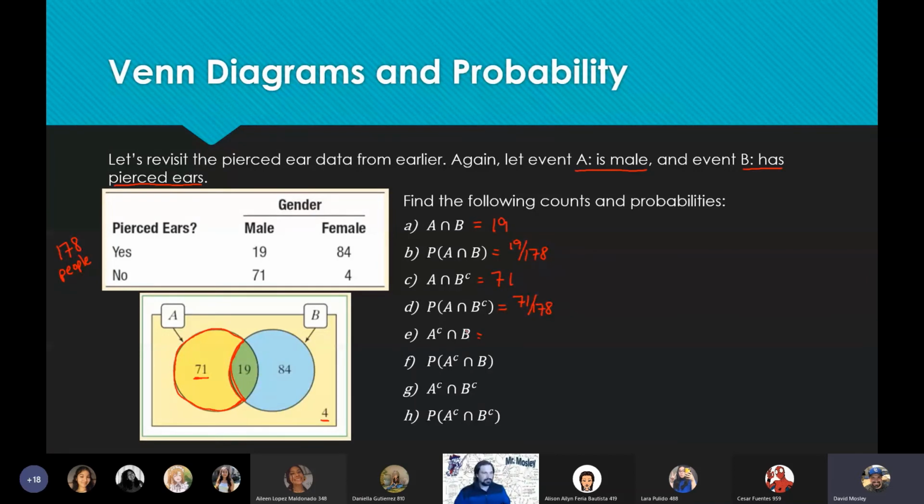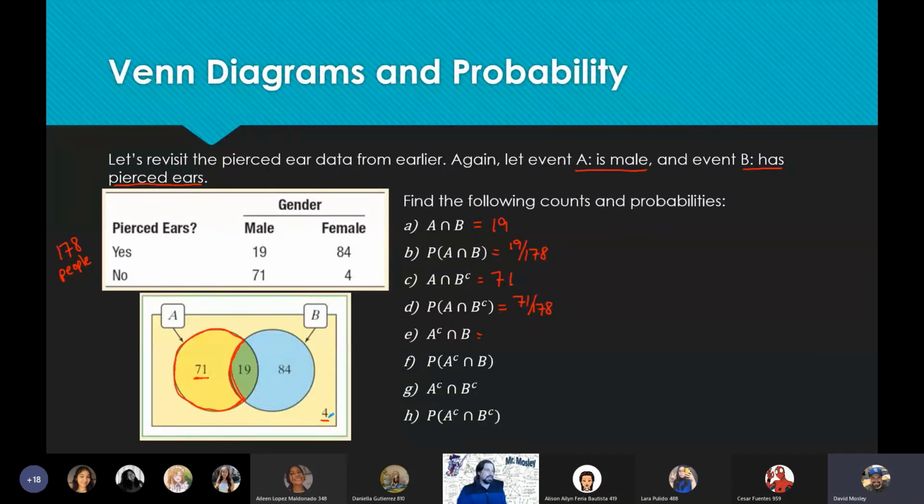So then we have to look at A complement, because the event A complement is everything not in A, which again leads us to these 4 again.